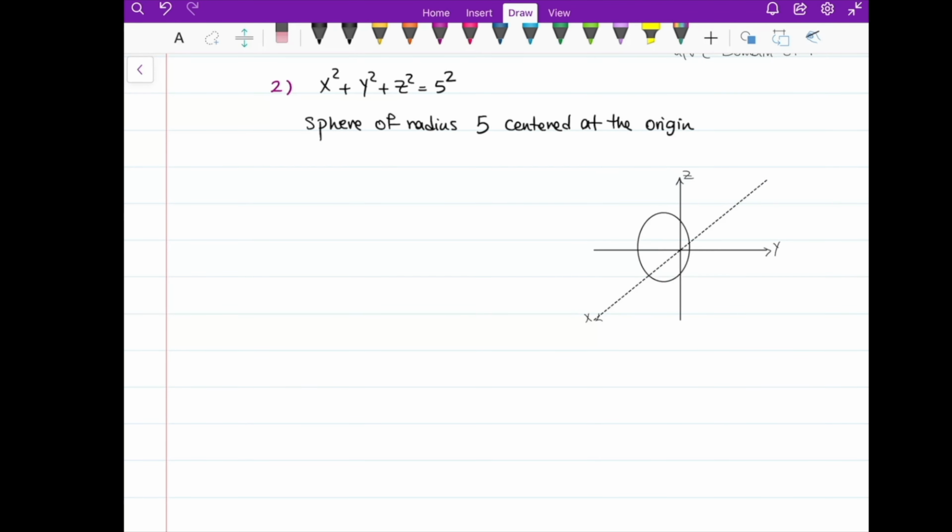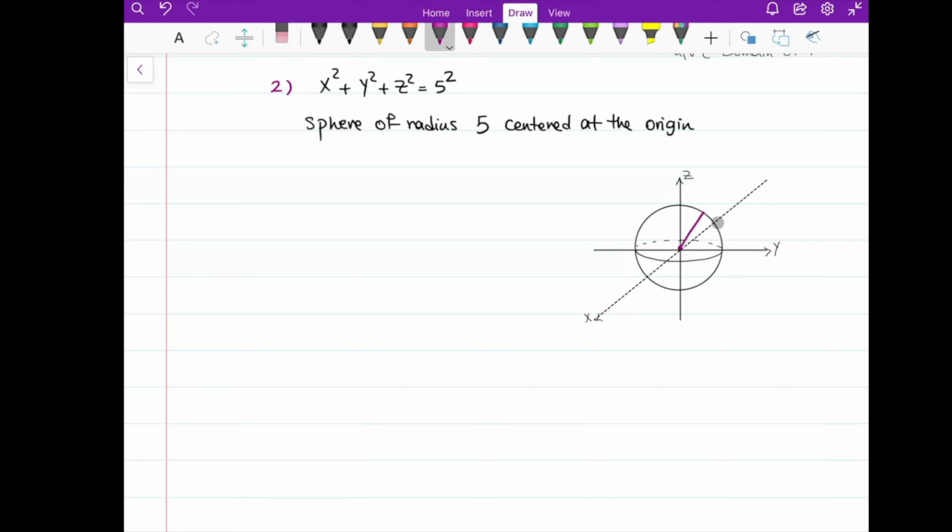I have the sphere. Let me just move it a little bit. And then in spherical coordinates, rho would be the distance from the origin to the surface of the sphere, and rho here is 5.